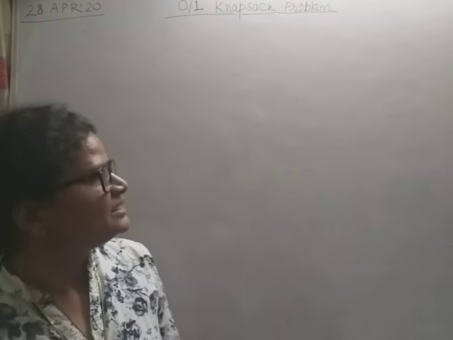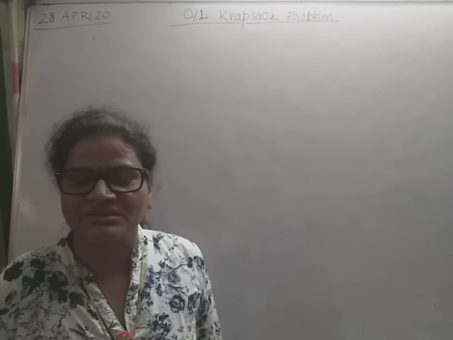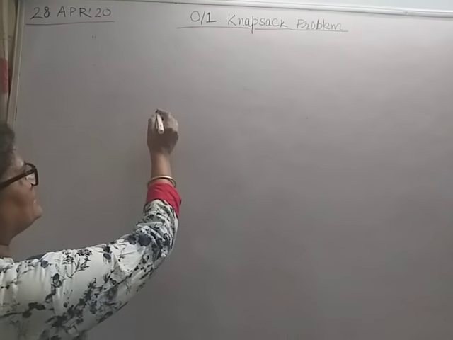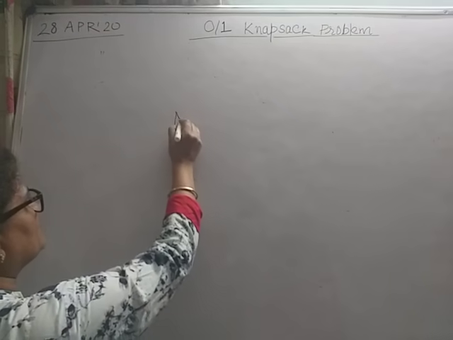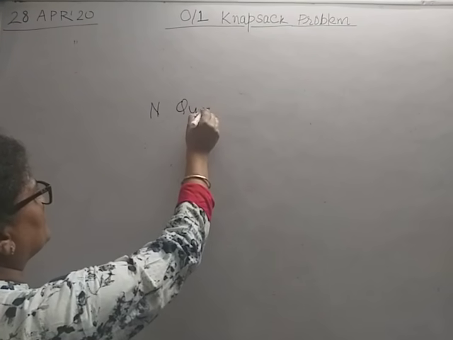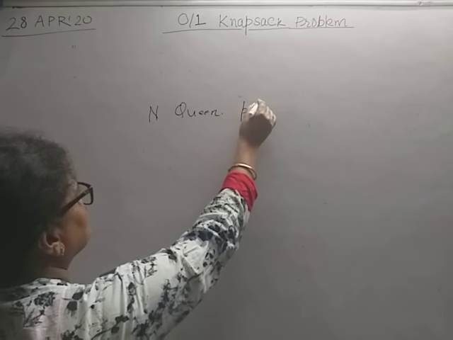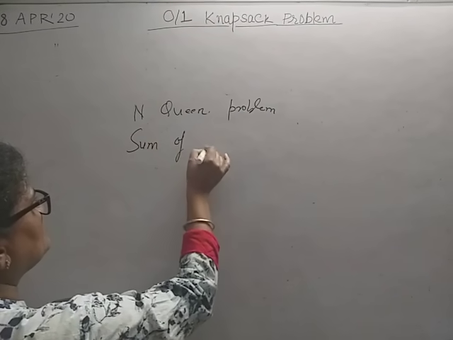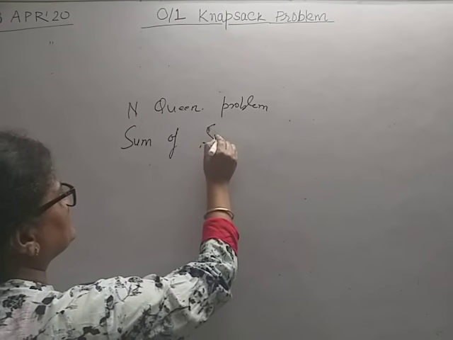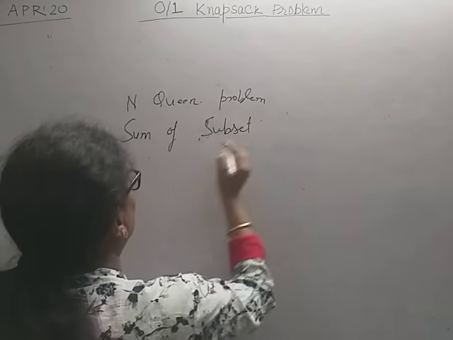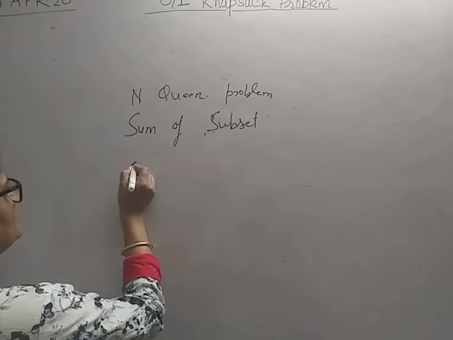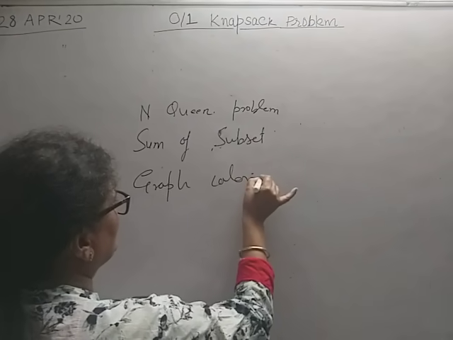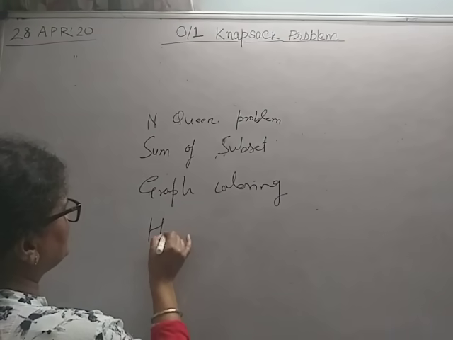The problems we have already solved with backtracking are the N queen problem, the sum of subset problem, the graph coloring problem, and the Hamiltonian cycle.